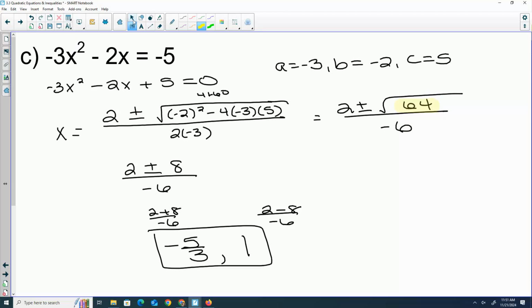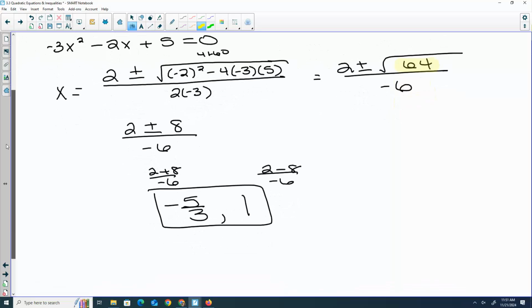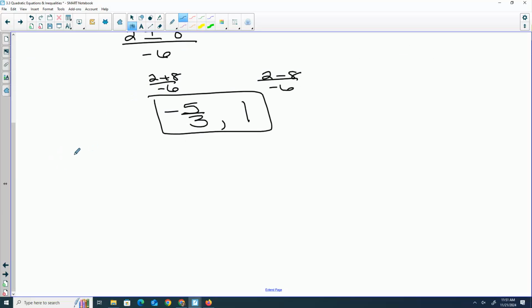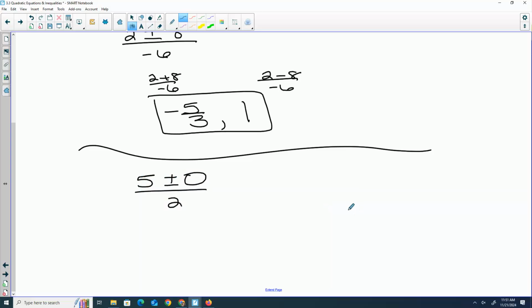What would happen if I did a quadratic and let's say I got 5 plus or minus 0 over 2? What's 5 plus 0? So 5 divided by 2. What's 5 minus 0? 5 over 2. So what happens in that case? We really just get one answer with a multiplicity of 2.